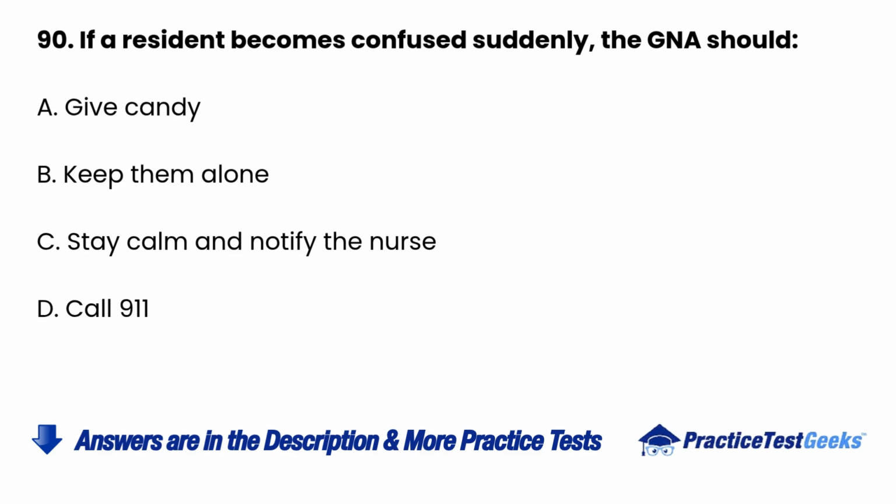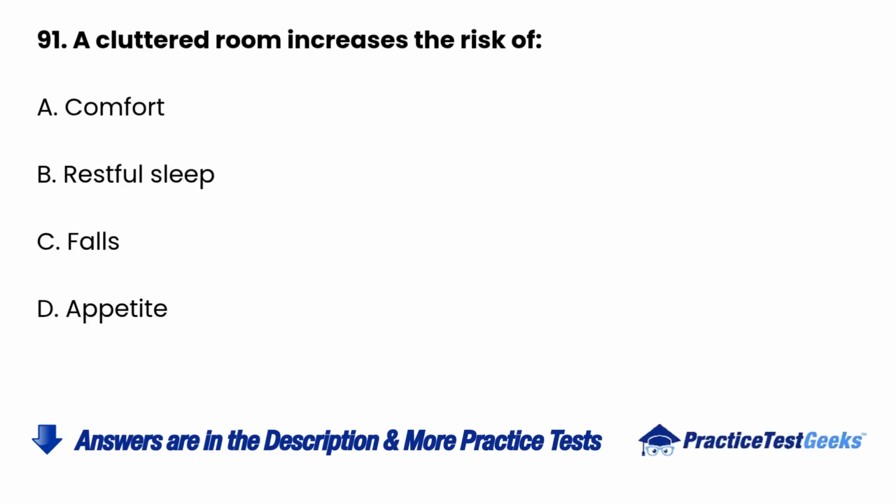90. If a resident becomes confused suddenly, the GNA should: A. Give candy. B. Keep them alone. C. Stay calm and notify the nurse. D. Call 911. 91. A cluttered room increases the risk of: A. Comfort.